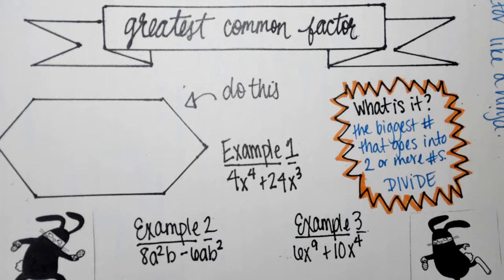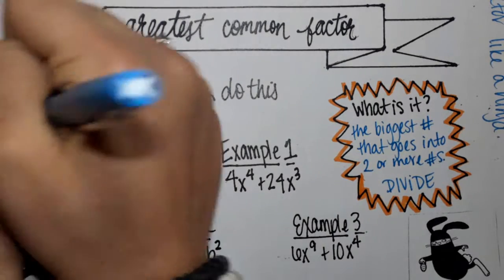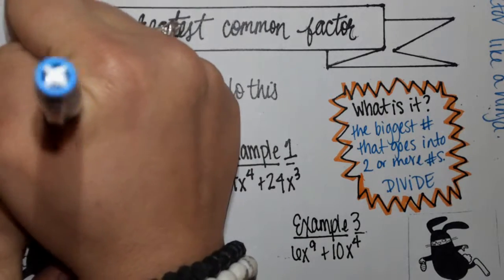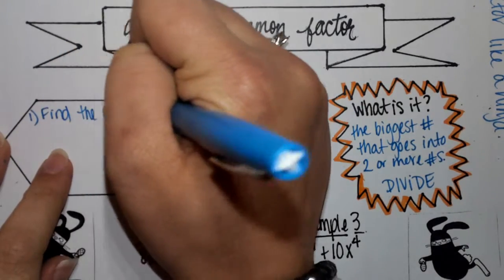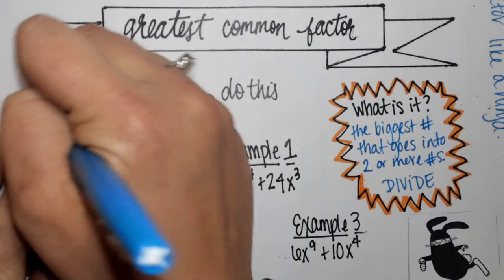Alright, so to work out your problems, you have 3 steps. Step 1 is you have to find the GCF of the coefficients.